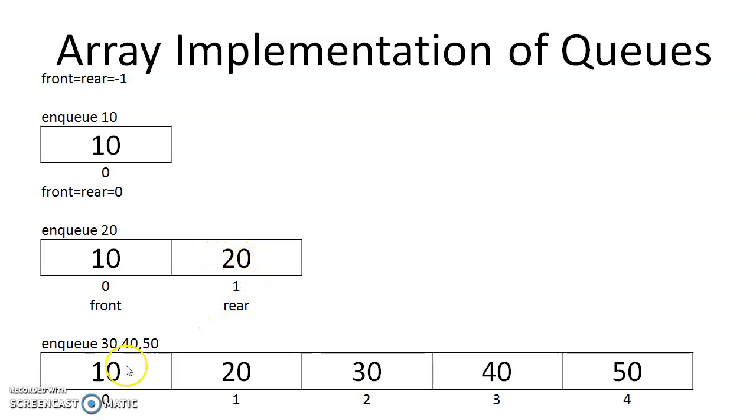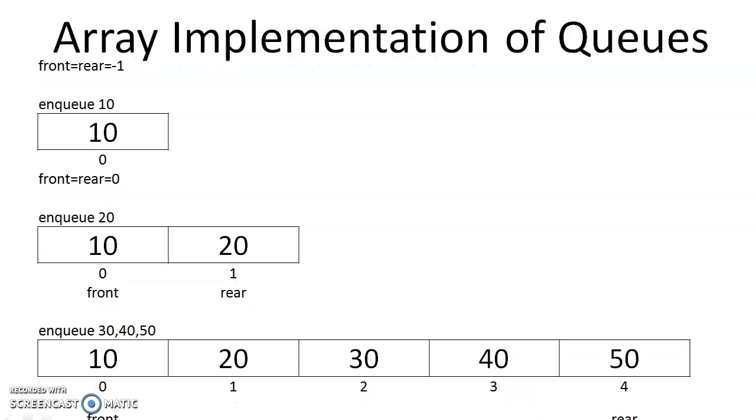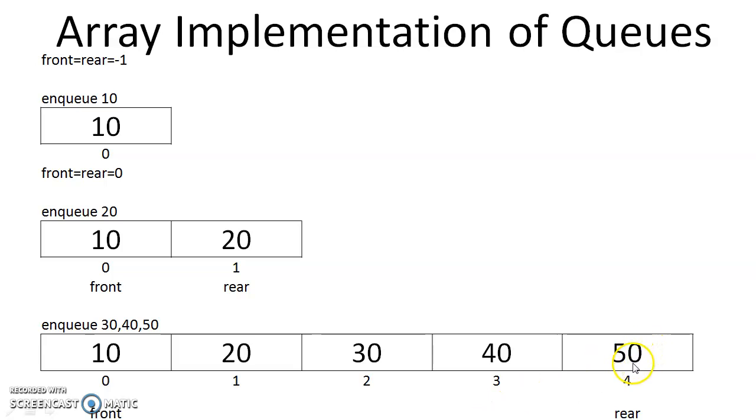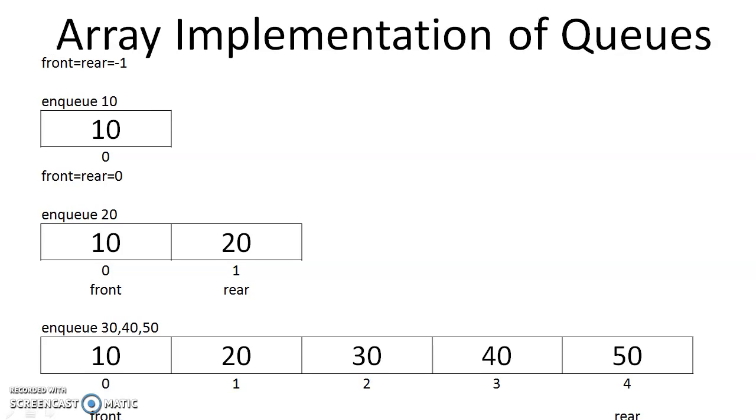Suppose I want to insert 30, 40, 50 using enqueue operations. 30 is inserted by incrementing the rear, 40 by incrementing the rear, and 50 by incrementing the rear. So front is at 0 and rear is at 4. If I want to insert 60, the rear is incremented by 1 and 60 is inserted at the fifth index position of the array. Like this we use the enqueue operation.